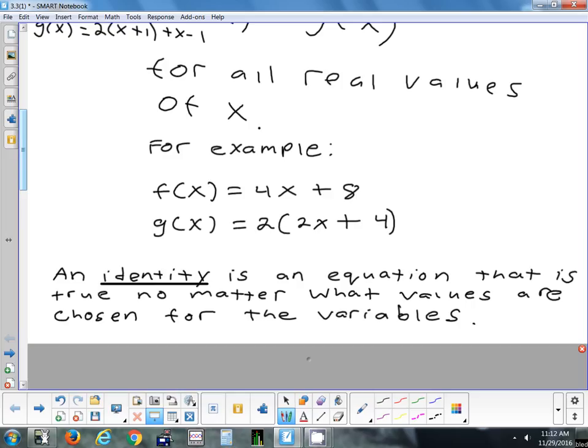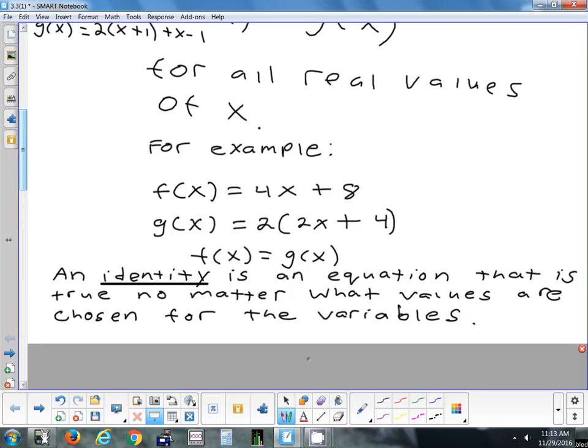So in this case, I could write down f of x equals g of x, just like I did before, and that is an identity. No matter what you plug in for f, and no matter what you plug into function g, you're always going to get exactly the same number on both sides.